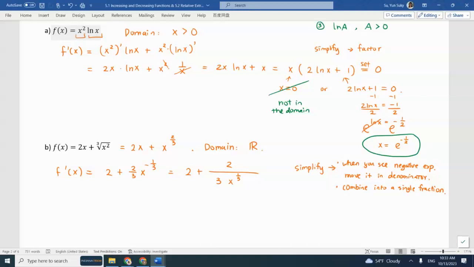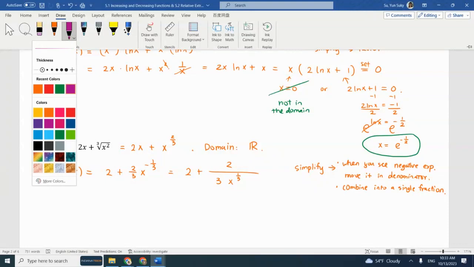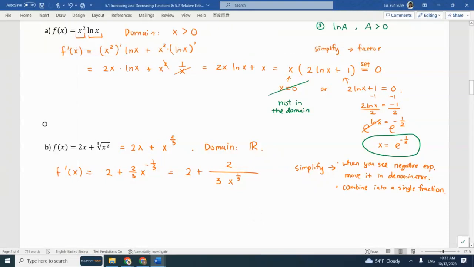Next, you move it down, and then you want to combine into a single fraction. To do that, you need to look at the least common denominator, which is the denominator of the second term, because your first term has no denominator.